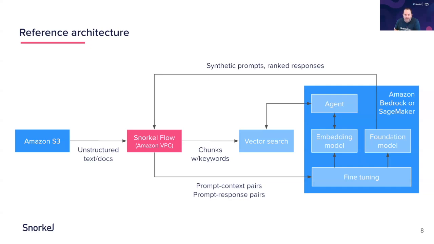Just massive amounts of unstructured data. That process begins by ingesting that into Snorkel Flow, where a couple of things happen. One of those is that we parse those documents and we chunk them very intelligently, not simply by the number of tokens, but based on the structure of the document, right? We're trying to keep related data together.